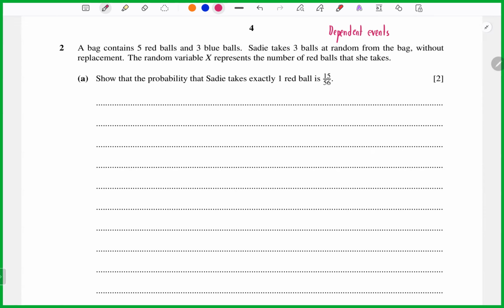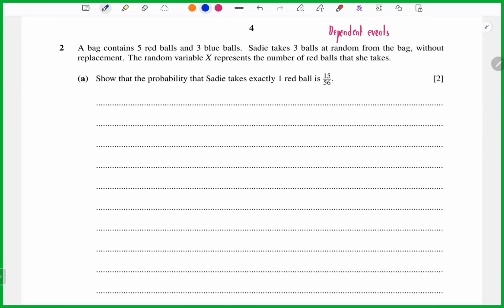The random variable X represents the number of red balls that she takes. Show that the probability that she takes exactly one red ball is 15 over 56. If she takes one red ball, it means the other two are blue balls.